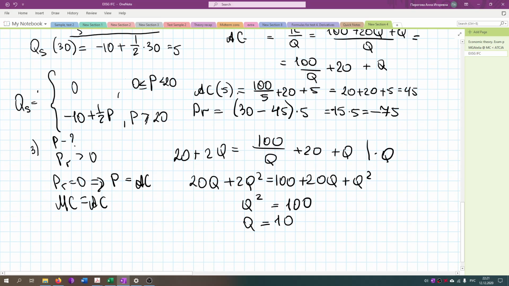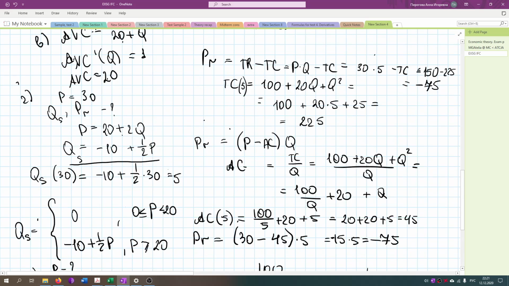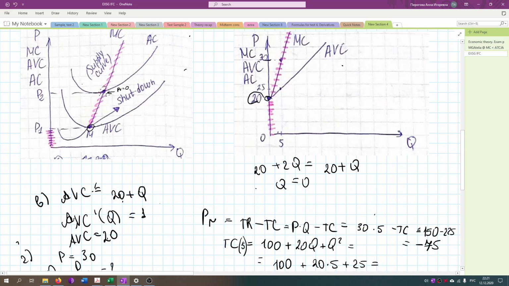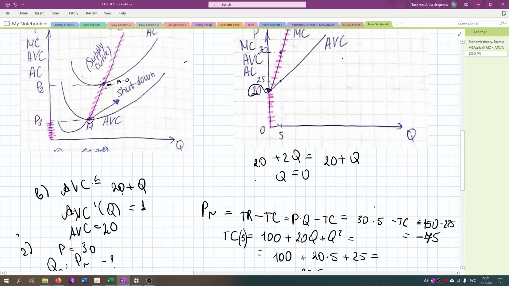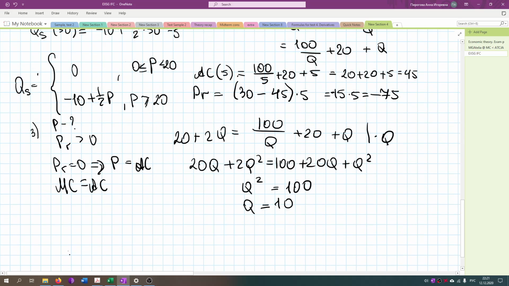So as you know, our supply equation on the part where price is more than 20 was equal to marginal cost. So we can write price is equal to marginal cost.